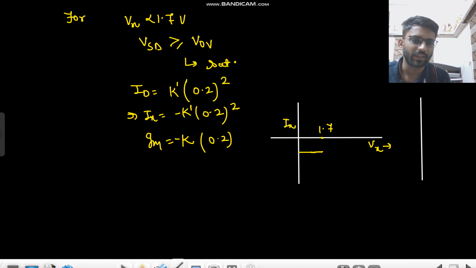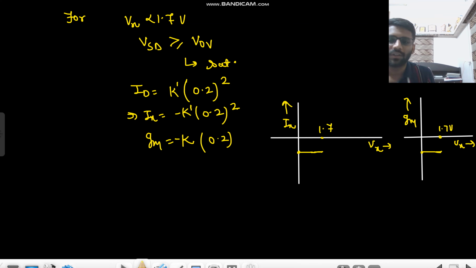Both values will be negative. Just related to the previous concept, nothing new is there. Okay, this will be Gm, this will be Vx, negative till 1.7 volt. Okay, so both will be negative.